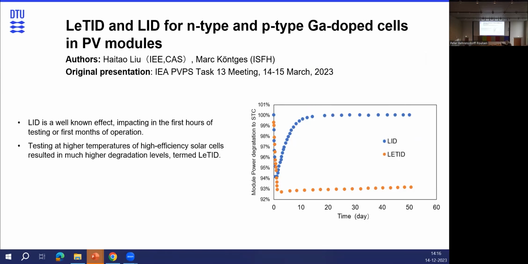However, when people started to do the tests at higher temperature, they noticed a secondary effect with a much longer recovery rate, which is the light and elevated temperature induced degradation. This one is not so well understood, but both of them in certain cells can cause quite a lot of power loss.